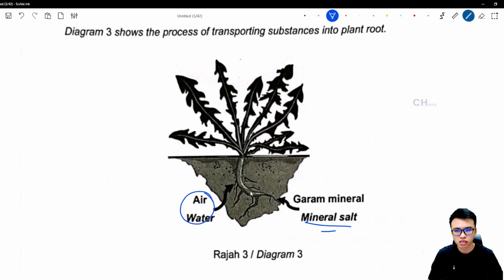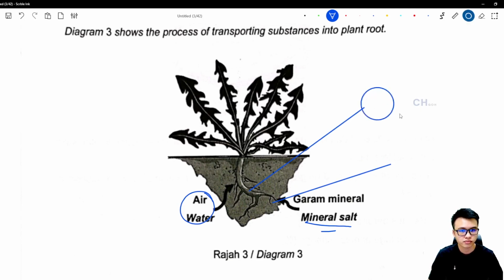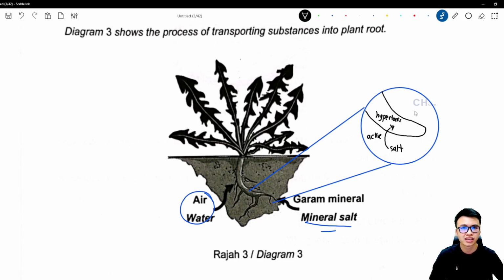Let me show you in a bigger picture. Let's zoom in into this area. Now try to imagine this is the roots. Try to draw it bigger. Okay, then we have the mineral salt. This salt is actively pumped into the roots so that the cell sap of the root can be hypertonic to the solution in the soil.